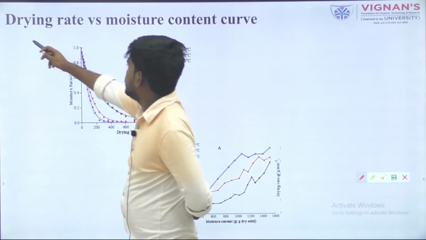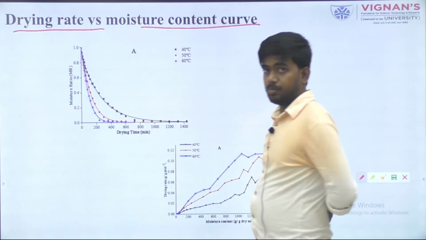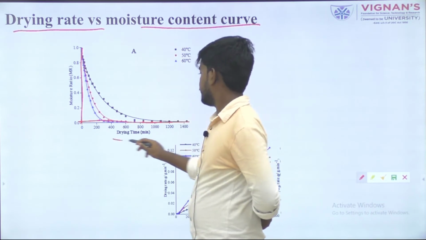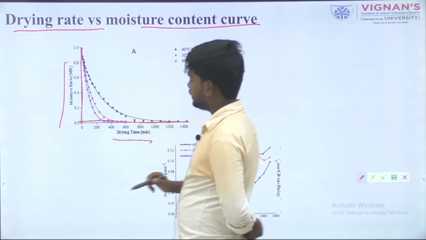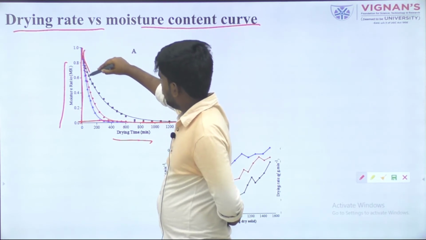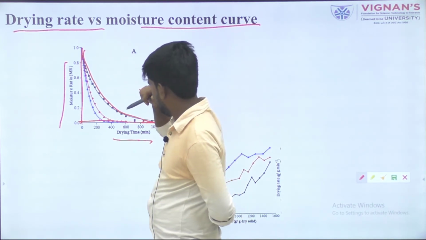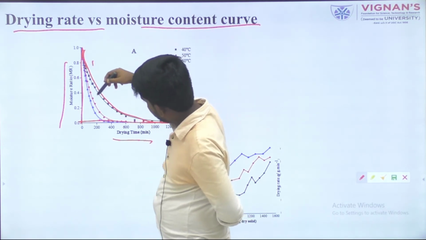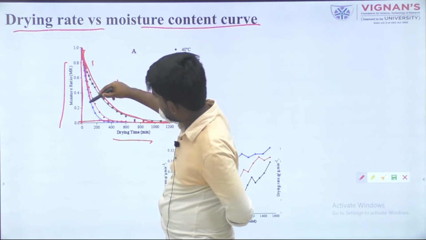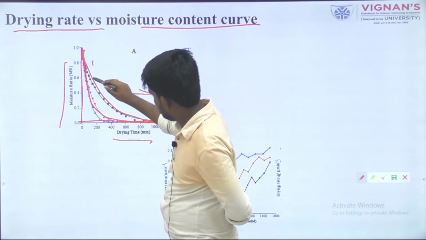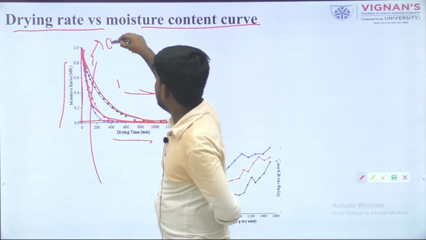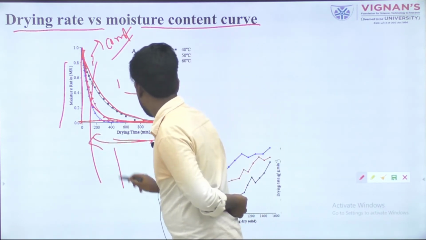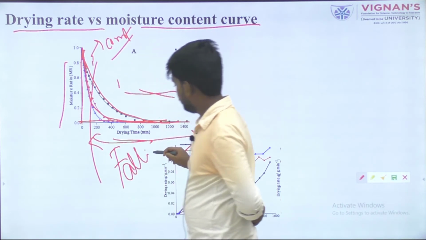The next is the drying rate and moisture content. If you want to plot moisture content and drying time, it is the experimental data. They present it like this: up to here it is the constant rate, and after some time it goes down, and the entire process is the falling rate period.